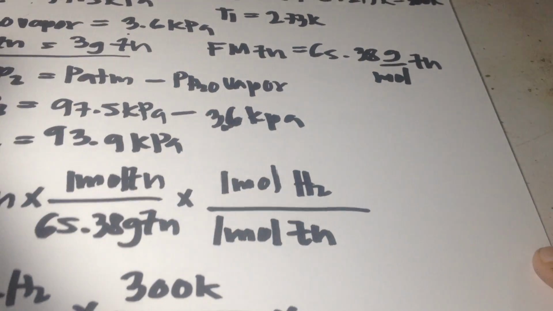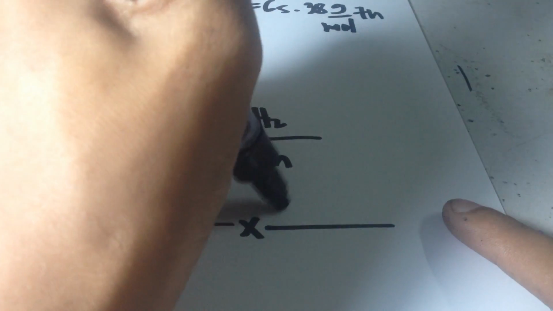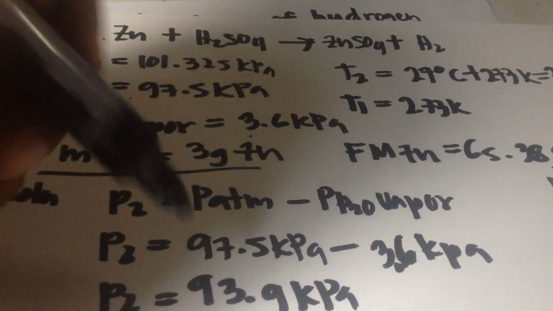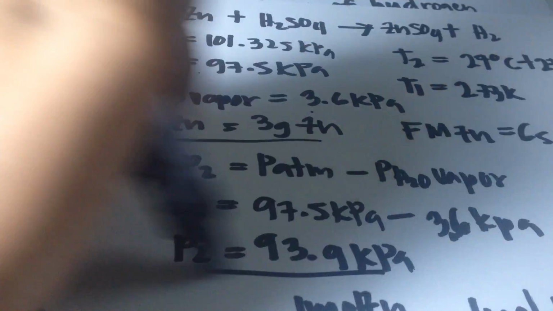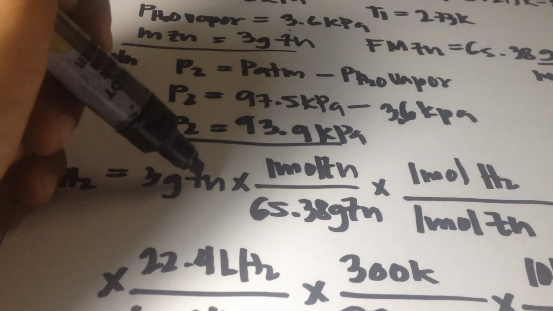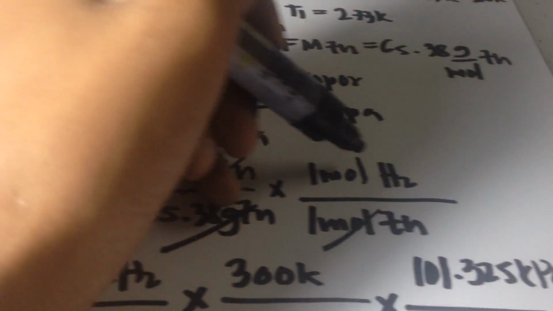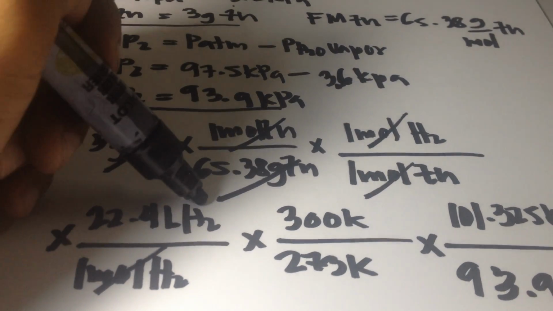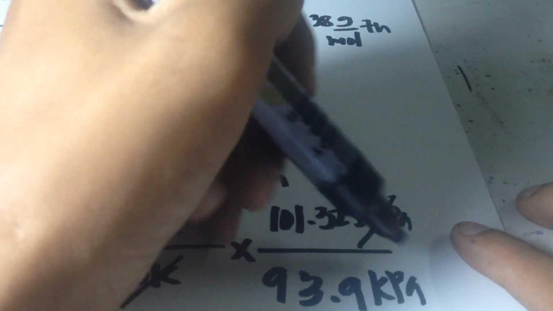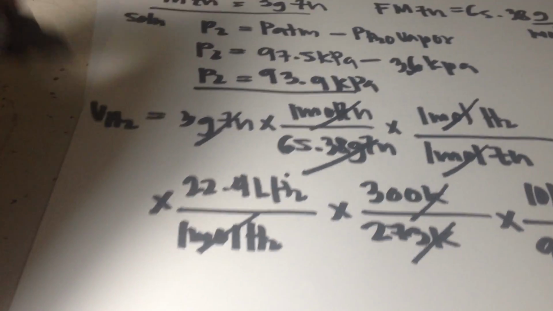The pressure 1 is 101.325 kilopascal, and the pressure 2 is 93.9 kilopascal. So you need to cancel the grams of zinc, the moles of zinc, the moles of hydrogen gas, the Kelvin, and the kilopascal, and the left is liters of hydrogen.